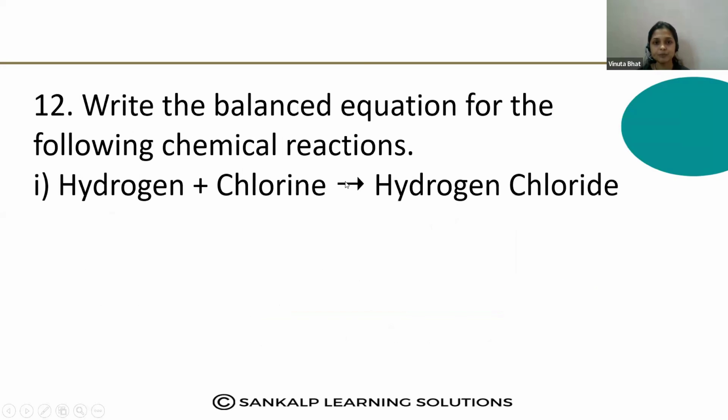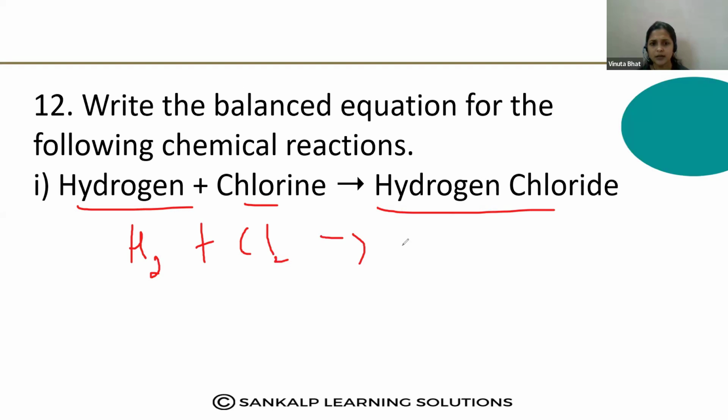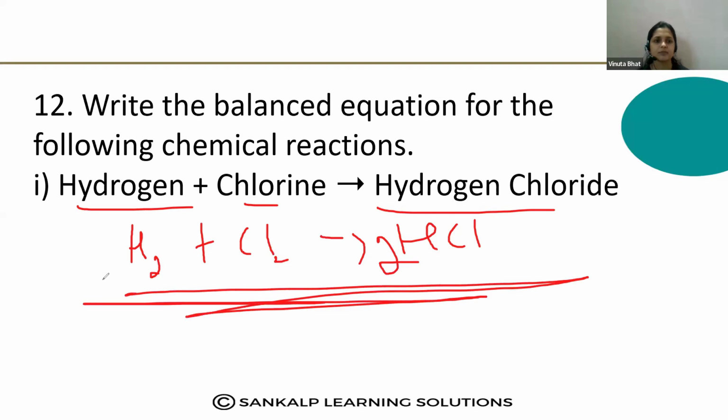Next question. Write the balanced equation for the following chemical reaction. Here, hydrogen plus chlorine gives hydrogen chloride. H2 plus Cl2 gives HCl, that is 2HCl. Already we know this.